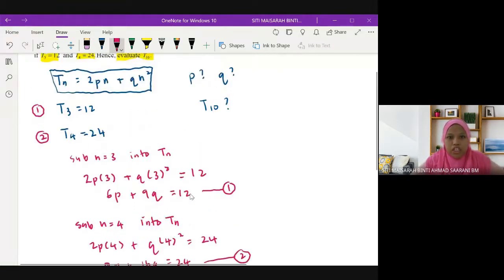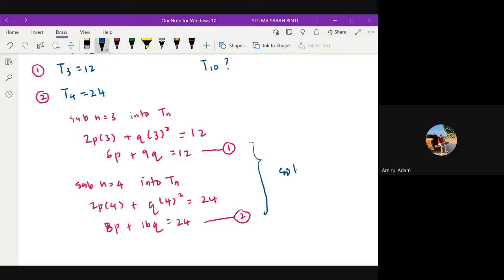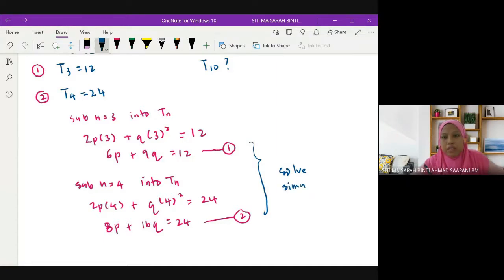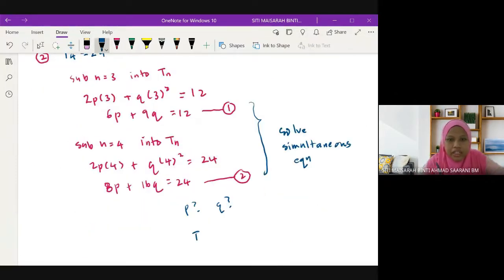So then both equation ni you have to solve simultaneous equation to find P and Q. Boleh solve ni? Boleh teruskan? Boleh. Okay, so solve simultaneous equation or persamaan serentak. Okay, so sila cari P and Q. Then after you get P and Q, you will get Tn. So then finally you get T10 by substituting n equals to 10. So akhir sekali awak kena cari T10.